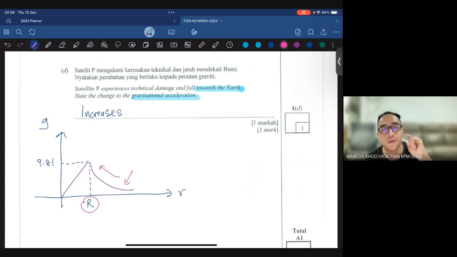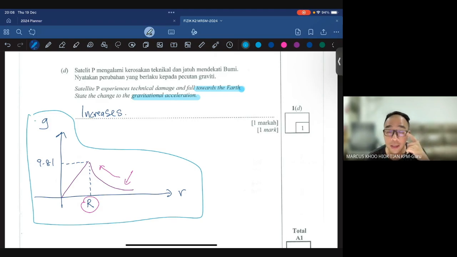The question is very good. It asks you about the gravitational acceleration to test if you remember the shape of this graph. So please remember this: the further it is from the surface of the Earth, the gravitational acceleration decreases. But since it is going towards the Earth, the gravitational acceleration will increase until 9.81. So this is the answer.